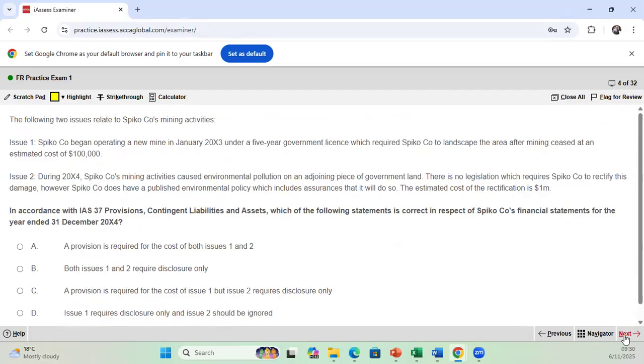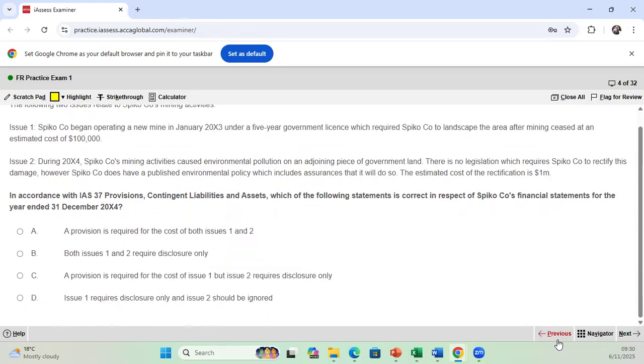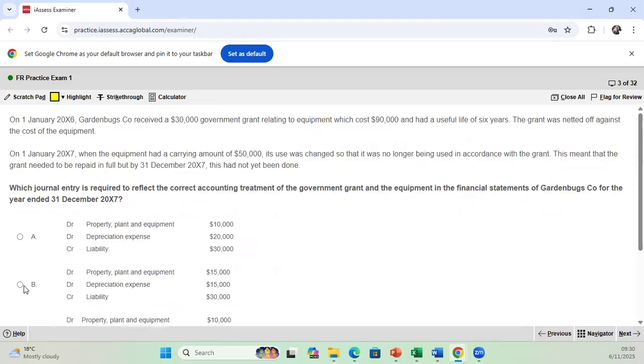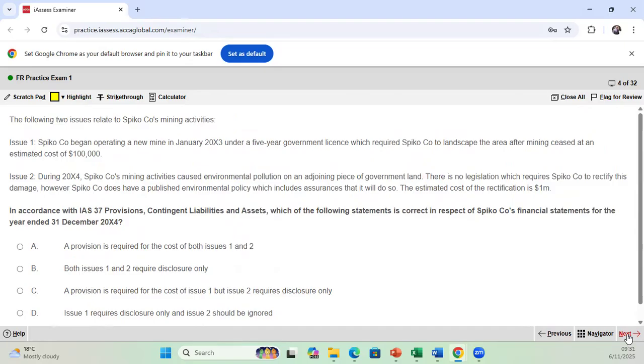Issue one: Spico began operating a new mine in January 20X3 under a 5-year government license, which required Spico to landscape the area after mining ceased at an estimated cost of 100,000. I think that was B. Let's move on.